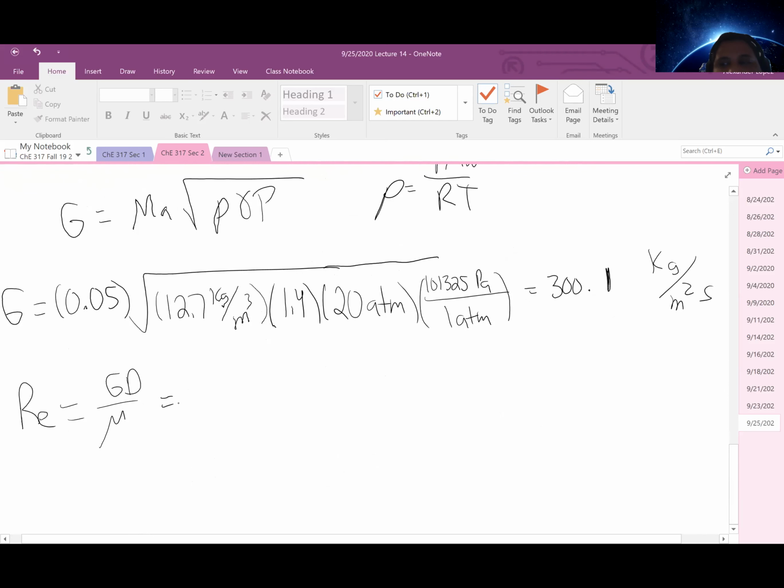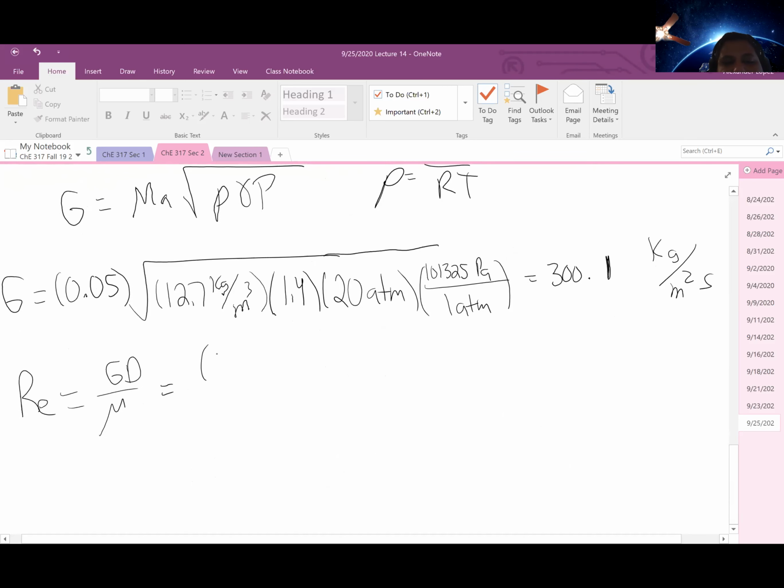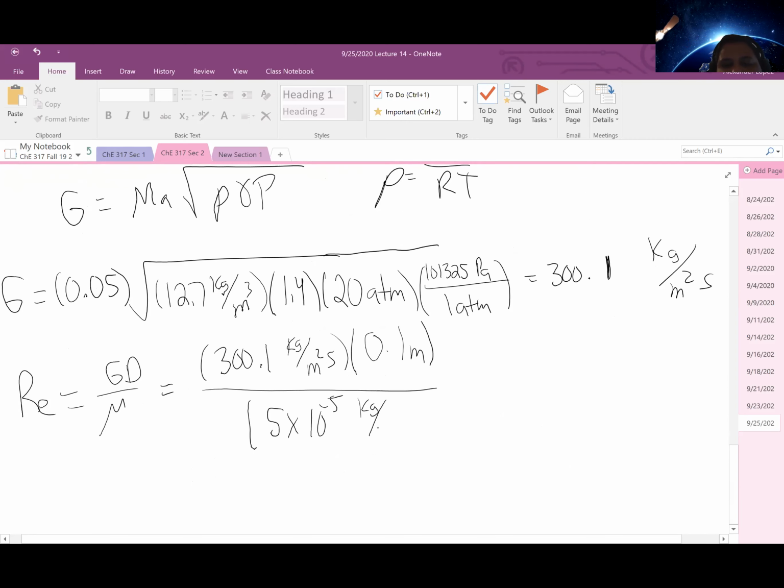In a real system, you would probably look that up. So we have 300.1 kilograms per meter squared second times 0.1 meters for the diameter divided by 5 times 10 to the minus 5 kilograms per meter second, which gives us our Reynolds number.